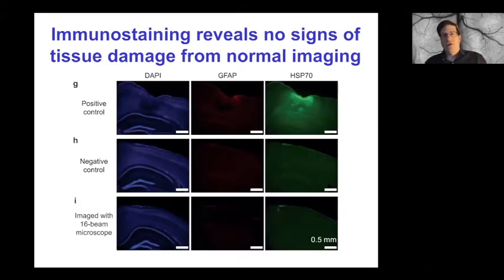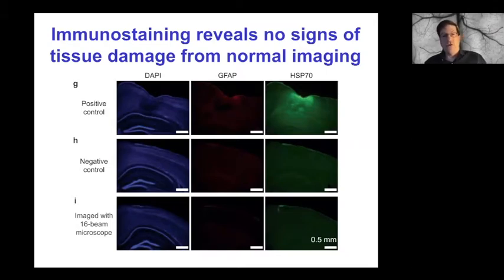You can see here some example data from the immunostaining experiments in which we looked for activation of a characteristic of a glial response. In this middle column, the GFAP is an astrocytic marker, as well as activation of the heat shock protein 70. We confirmed our ability to detect thermal damage in this way.